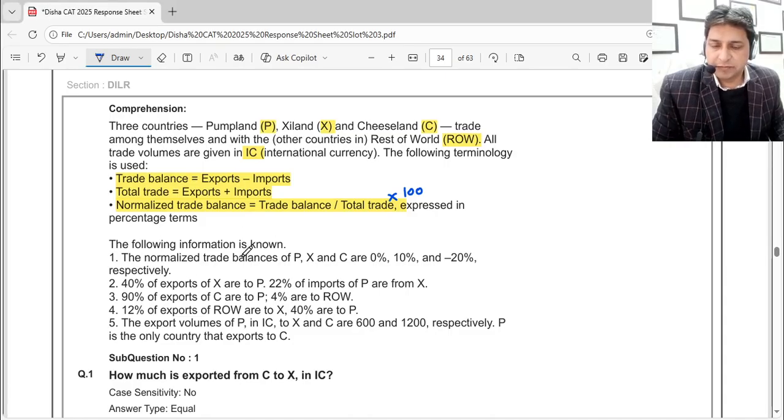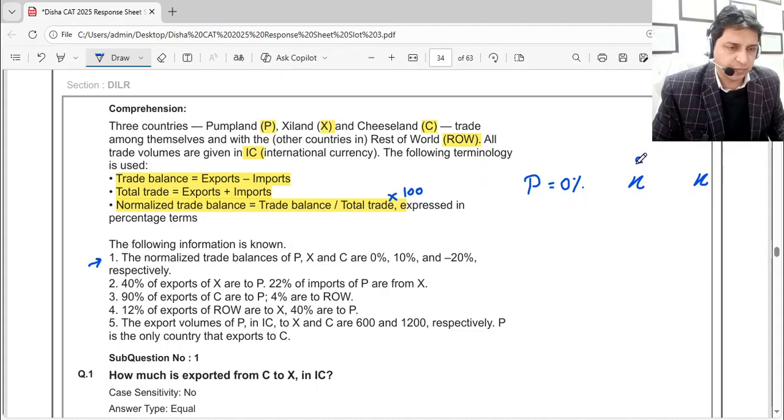Now, the following information is known: the normalized trade balance of P, X, and C are 0%, 10%, and minus 20% respectively. What does this mean? We're going to solve this one by one, which will give us a good insight into the puzzle. First, P has 0% normalized trade balance. That means its imports and exports are both equal.